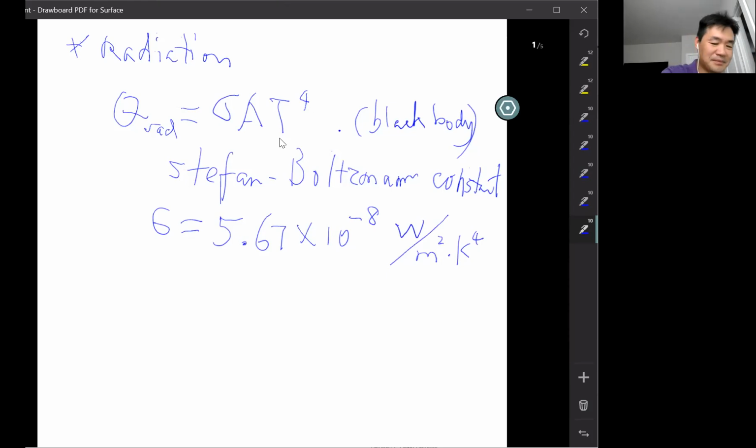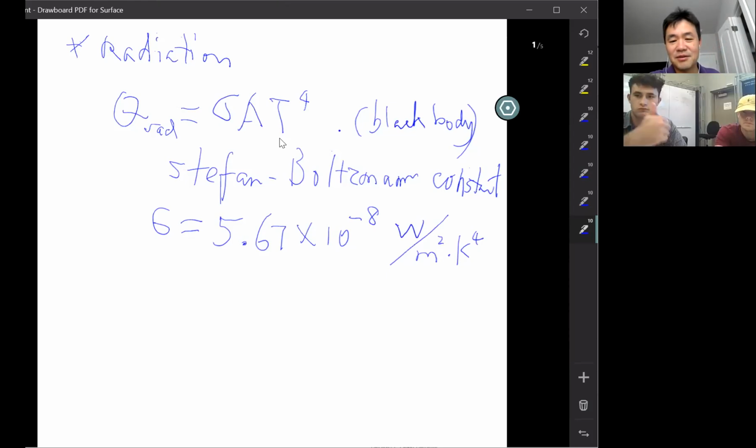Is K Kelvin? Yeah, that's exactly what I want to continue to talk about. Very important, thank you. Very important when you apply this equation for calculation. It's very different compared to conduction and convection. You have to use K. You have to convert your temperature into Kelvin for the calculation, otherwise it will be totally wrong.